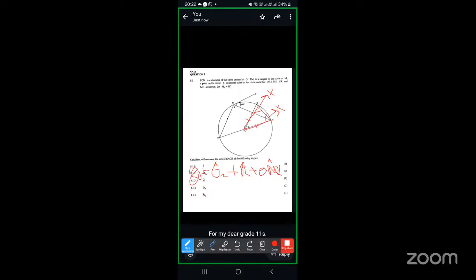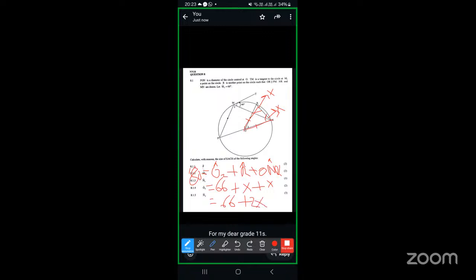Yes, sir. Okay. Then now we say angle O2, we know that this is 66, plus R, we said it's x, and ONR said it's x as well. Therefore, we say 66 plus 2x.